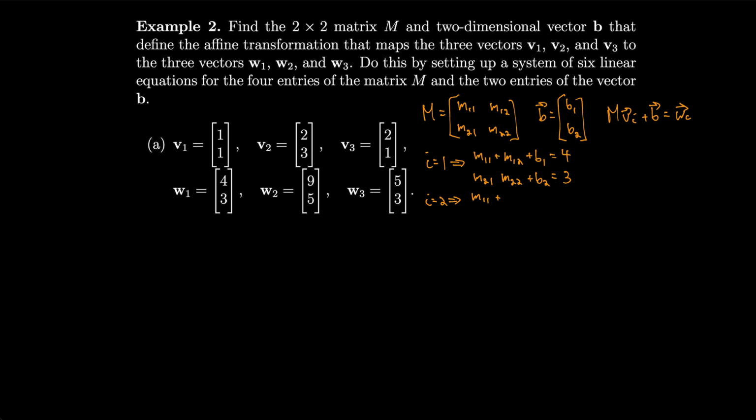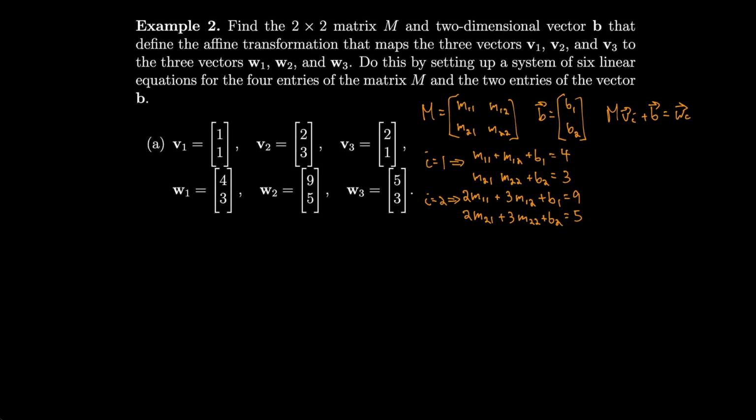But in this case, we're looking at v2, so we have to multiply by 2, 3, so we should have 2M11 plus 3M12 plus B1 equals the first entry in w2, 9. And we should have 2M21 plus 3M22 plus B2 equal to 5.